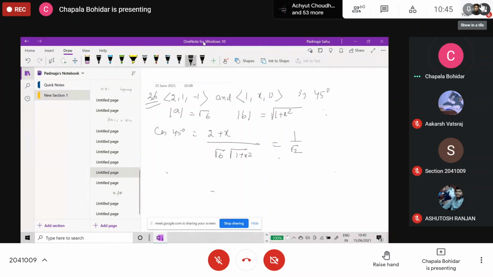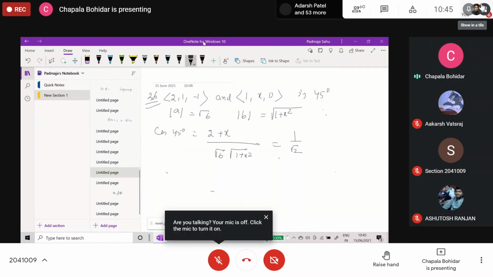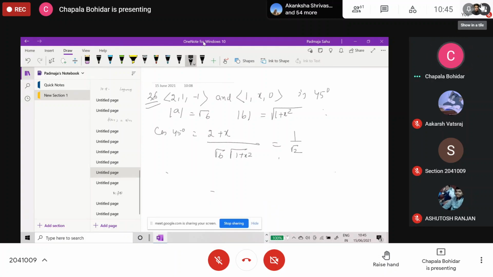The question is whether it is parallel or orthogonal. Parallel means one is a scalar multiple of the other. Orthogonal means the dot product is equal to 0.